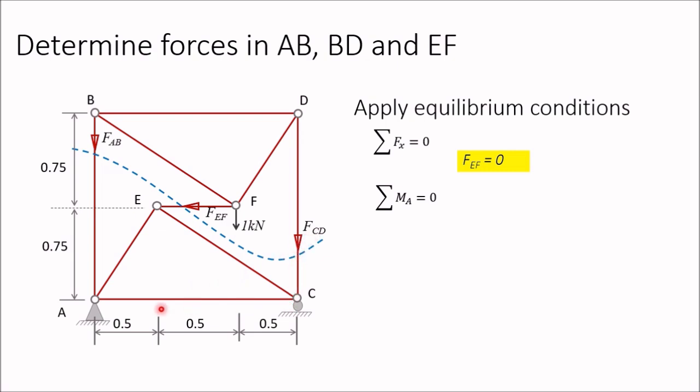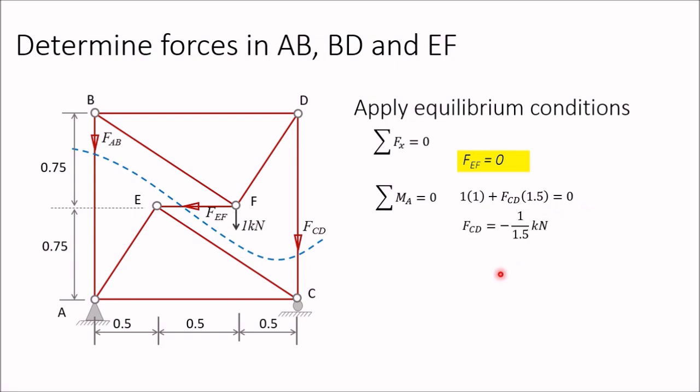Its moment will be FCD into 1.5, which is also positive because FCD is also clockwise about point A. So we will consider only forces 1 kilonewton and FCD because FEF is 0 and moment of FAB is 0. So this equation will become 1 into 1 plus FCD into 1.5 is equal to 0.